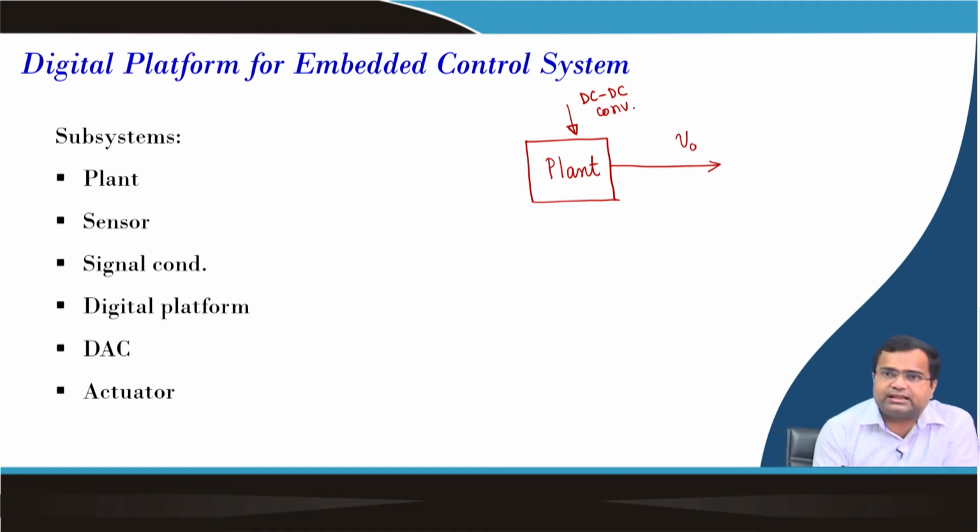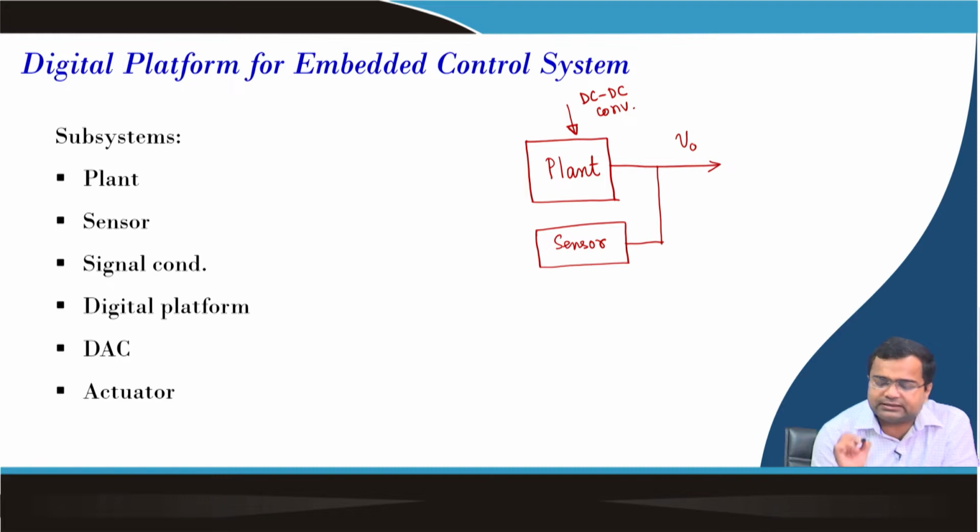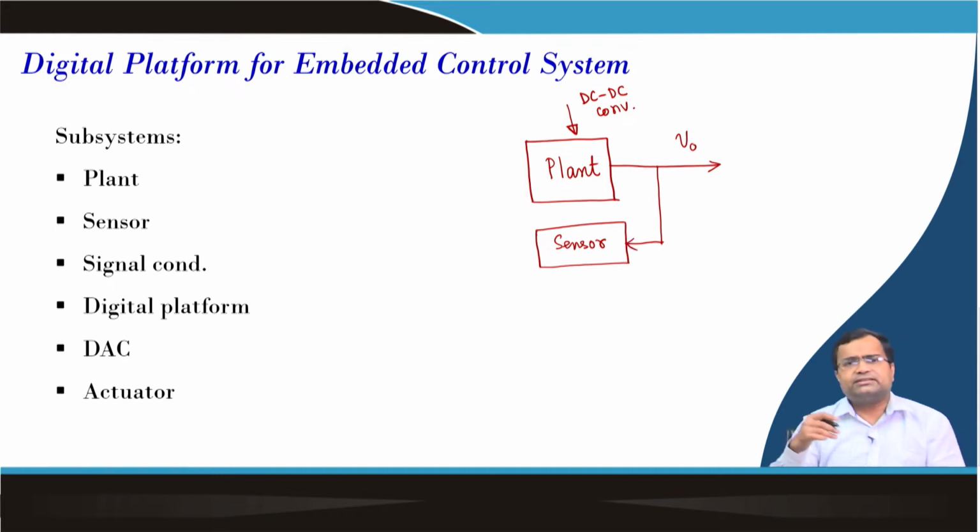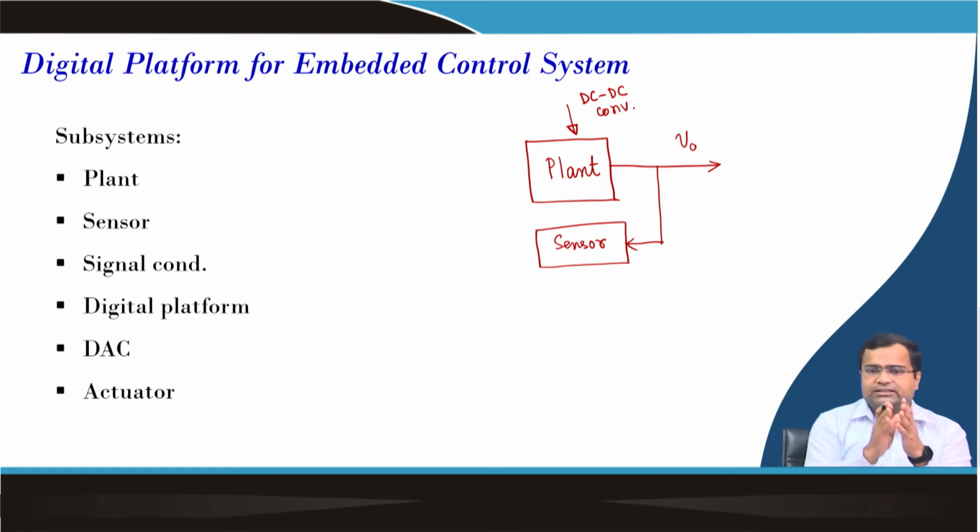Then we need to sense this voltage. So, how do you sense? Generally there will be a sensor on this power converter. If we are only talking about voltage sensor, then sensing voltage is very straightforward, but in order to convert into digital signal, or in order to give this voltage to the ADC input, we need to go through certain stages.